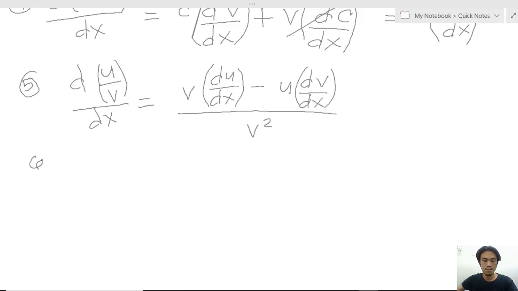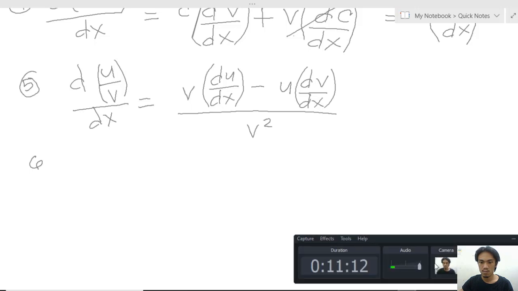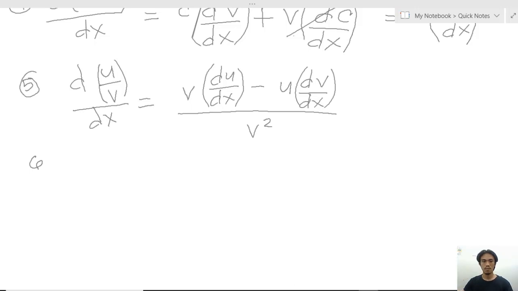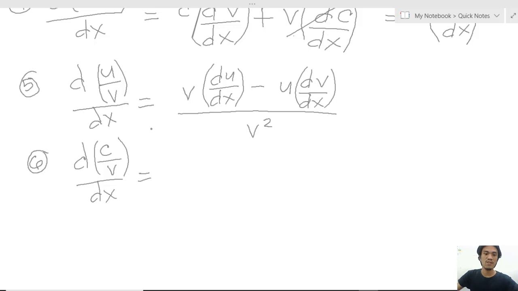The sixth would be the derivative of a constant divided by a function with respect to x, using property number 5.